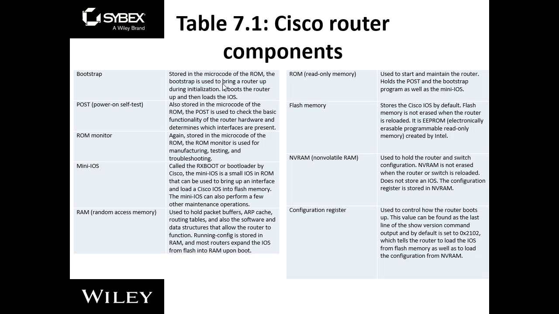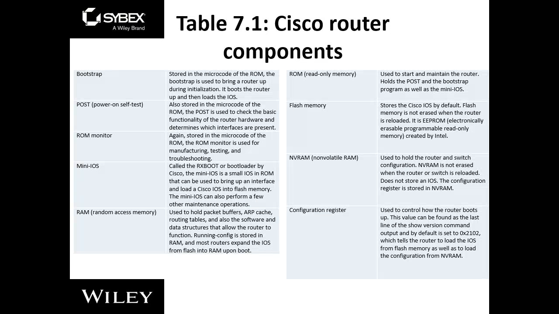Once we get out of our read-only memory, the next step is RAM, or random access memory. And RAM is typically a volatile memory. In this case, it is volatile. And by that, we mean if we lose power, we will lose whatever is in RAM.